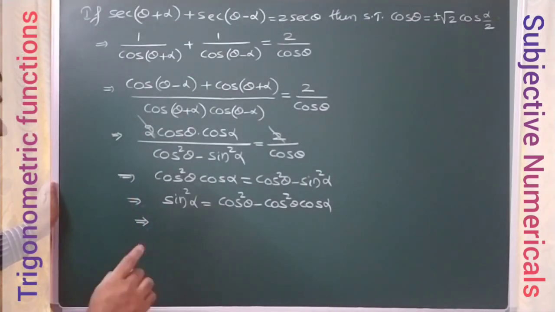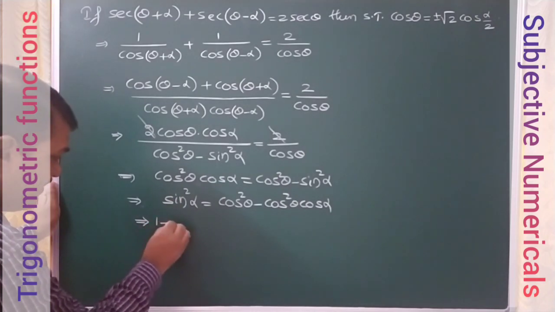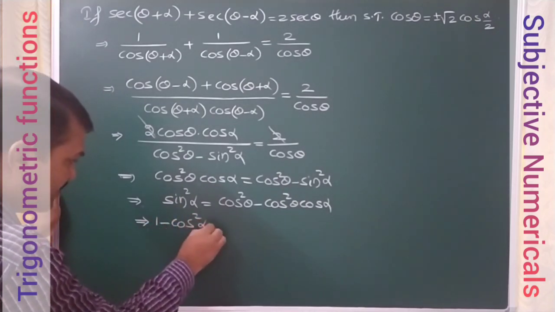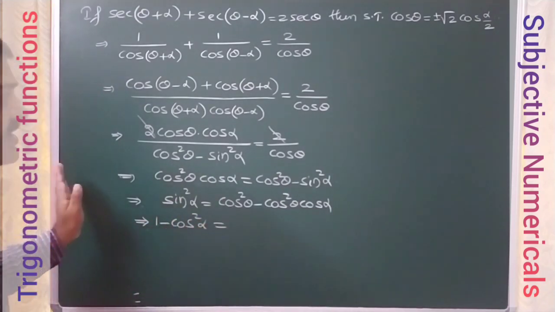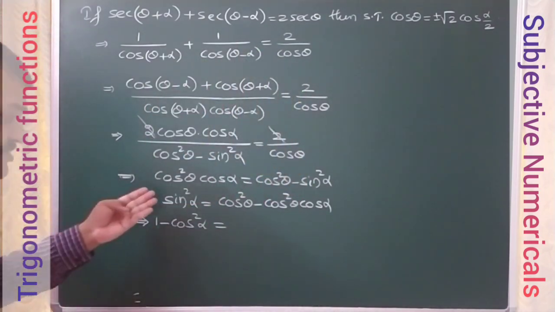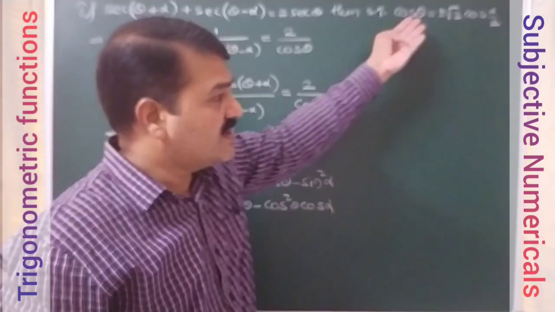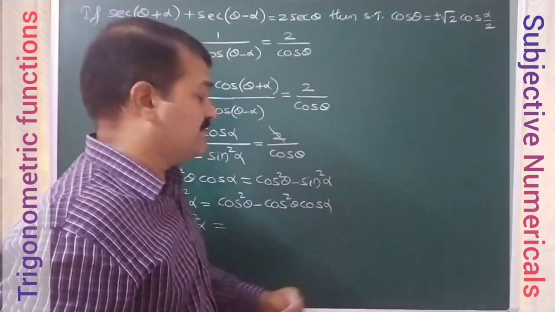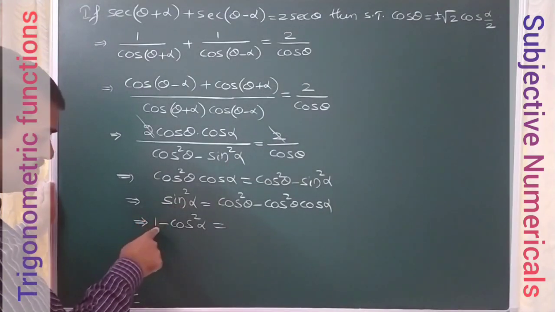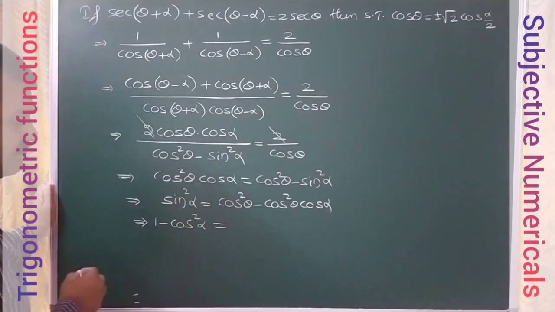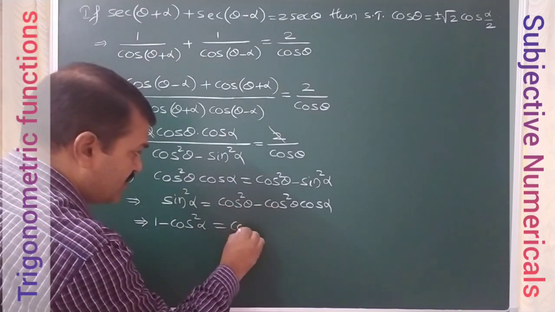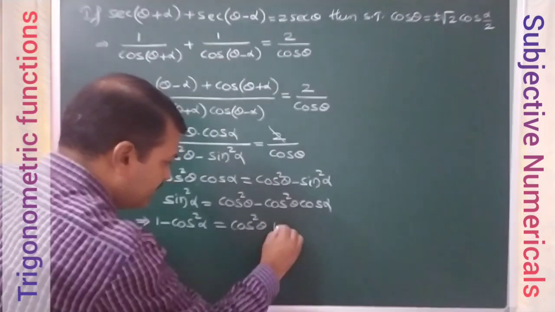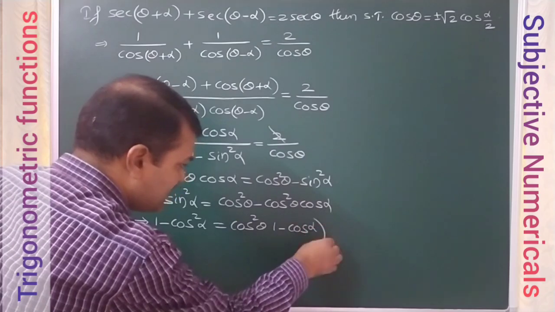Now I will change this sin square alpha as 1 minus cos square alpha, so that the complete equation is in terms of cos, and the result is also in terms of cos only. On the RHS, cos square theta is common, so 1 minus cos alpha is left.